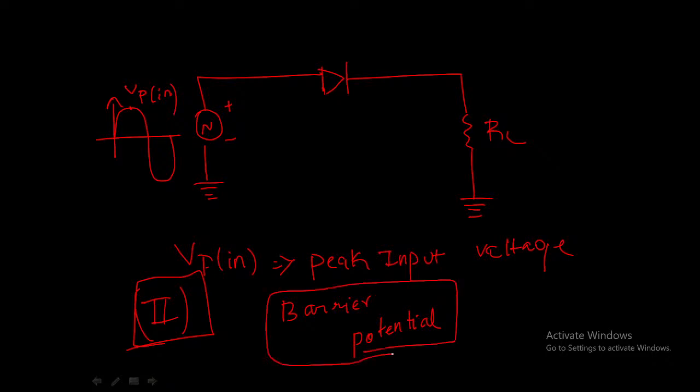We discussed what barrier potential is in our previous session, so if you are not sure about it, please go back and rewatch those sessions. It will be around 0.7 volts for our silicon diodes. Now we will consider the case where the diode has a barrier potential of 0.7 volts. If this is the input given to the diode, what is the output?